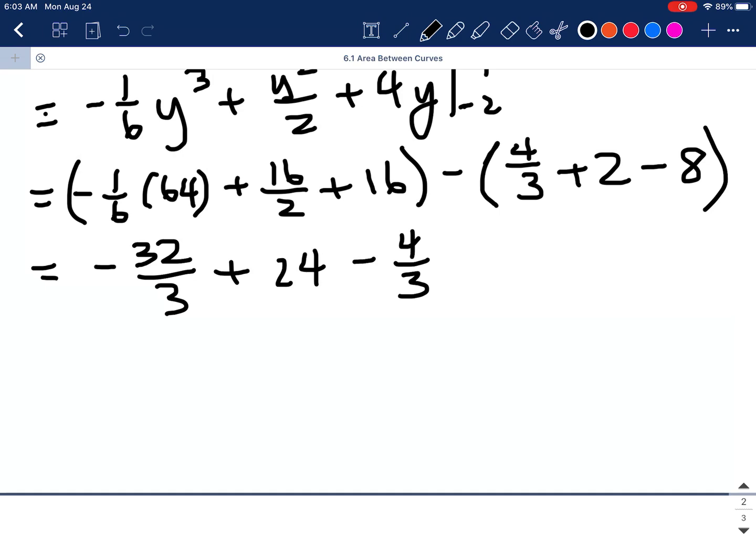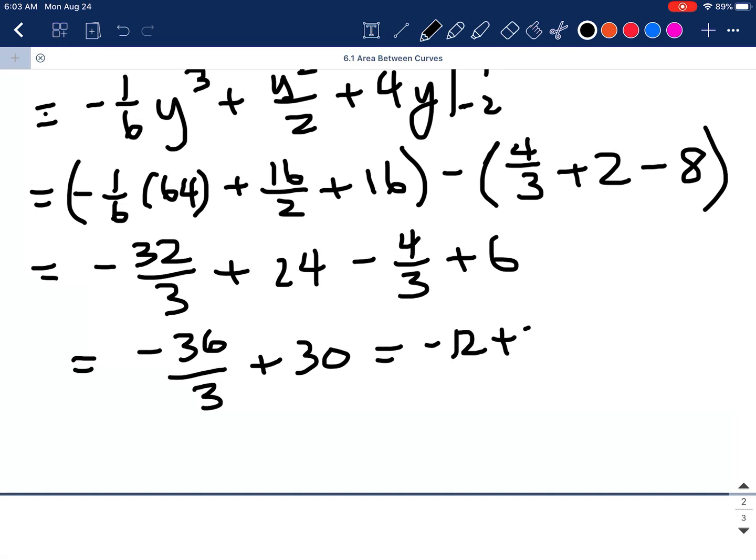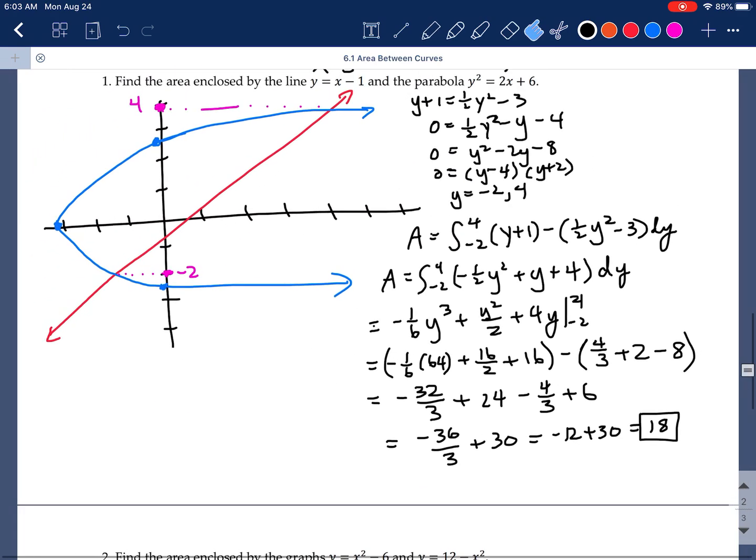And then 2 minus 8 is going to be -6, so the opposite of that is going to be +6. All right, so let's see here. So we're going to have -36 over 3 plus 30, which looks like it's -12 plus 30, which is 18. So our answer is going to be 18 for this one.